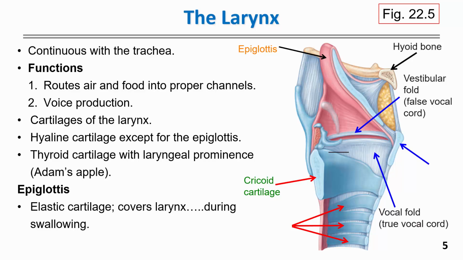What we see here are the three main types of cartilage that we find. The cricoid cartilage, and this is just a cross section of it, completely encircles the trachea. So the trachea is where we are moving into right now as that air continues to flow, and this is the main windpipe, if you will, of the respiratory system.